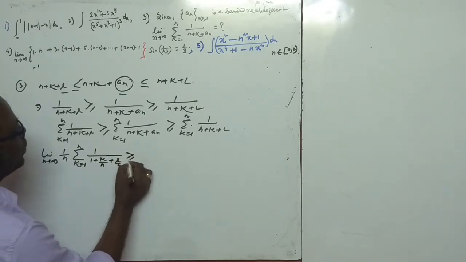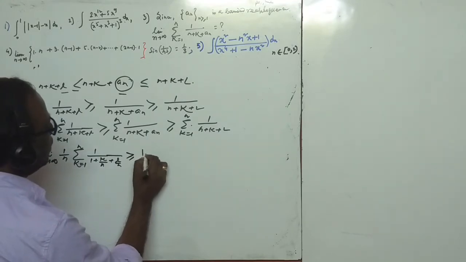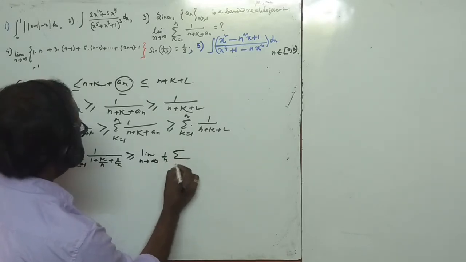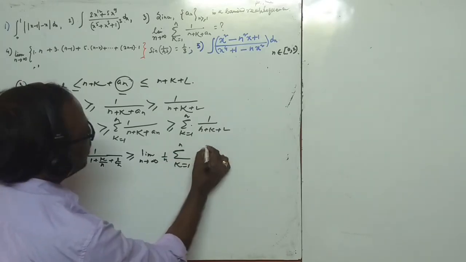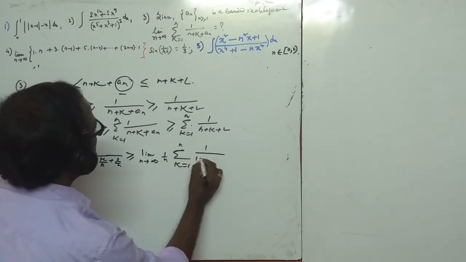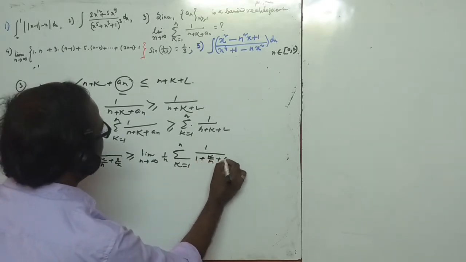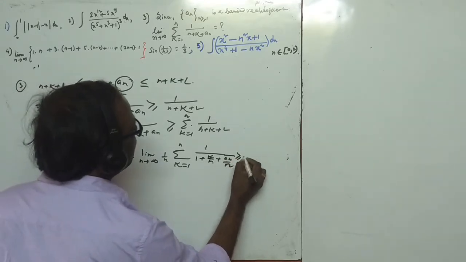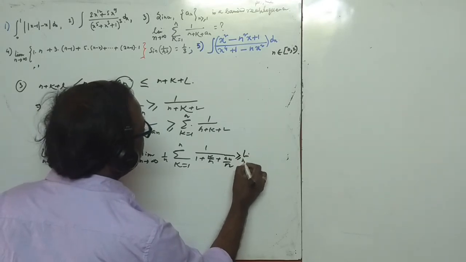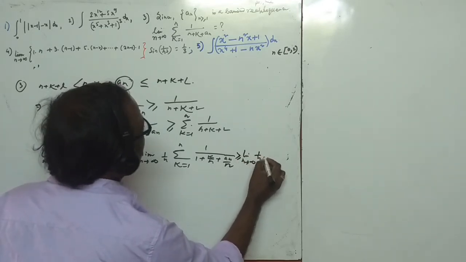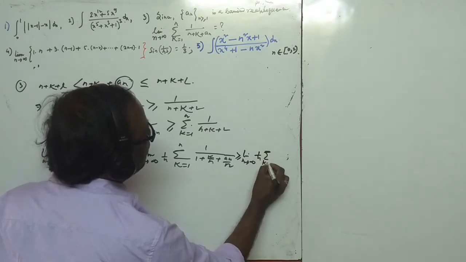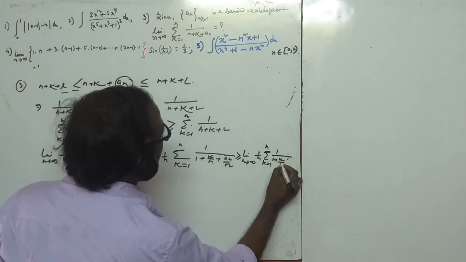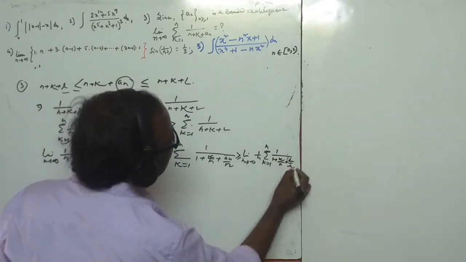And that's also more than that is limit n tends to infinity here, 1 by n, and summation k is equal to 1 to n, and that is 1 by 1 plus k by n, or n by n, okay. And again also limit n tends to infinity, so 1 by n here, and that is summation k equal to 1 to n, so that is here 1 plus k by n plus L by n here.